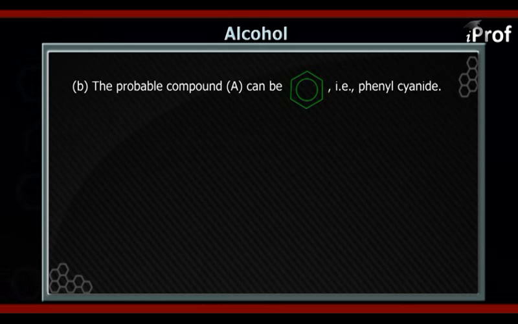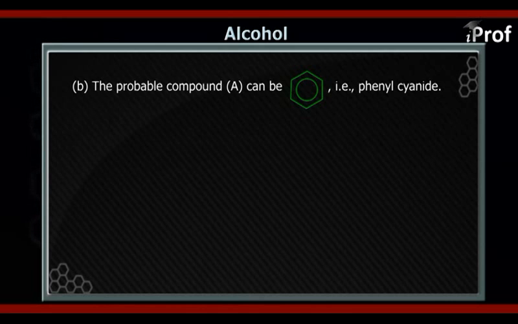So the molecular mass in this case is 103, the same as the empirical formula mass. Therefore the value of N which you will get is 1. Therefore the molecular formula of the compound will be C7H5N.